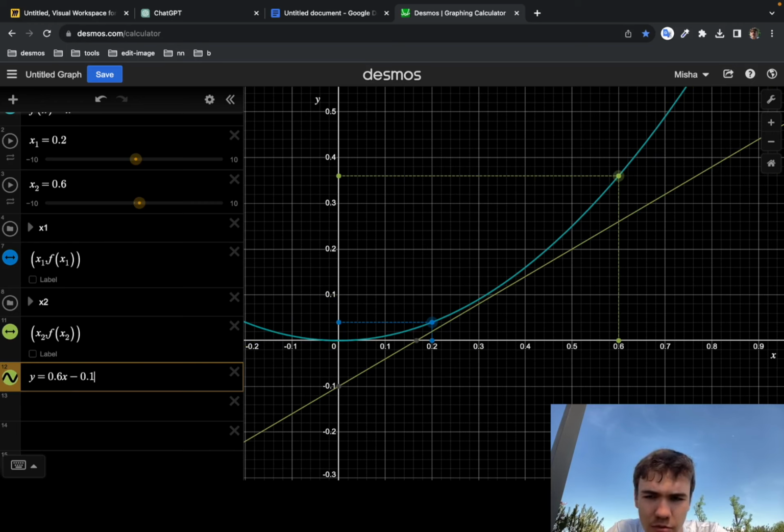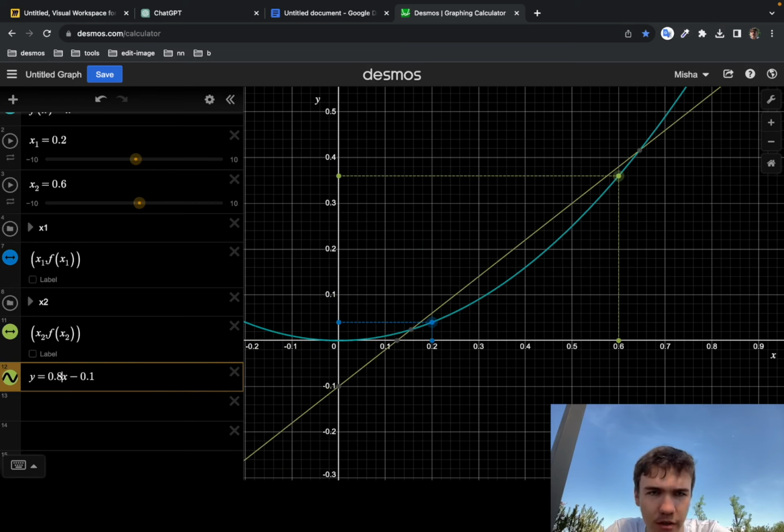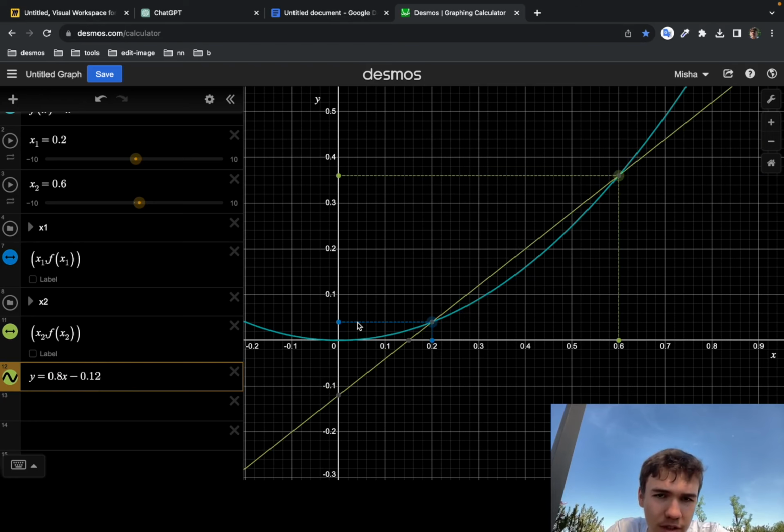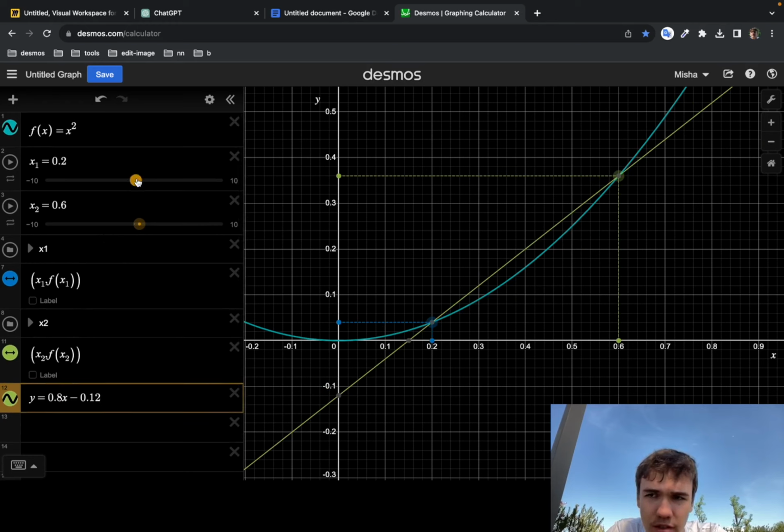And somehow it doesn't work well because I always need to change them. Like probably 1.2. Okay, now we fit this, but what about if I change the points? So like from 0.2, I want to change the point, and as you can see, I changed it to 0.1, and our line didn't change.